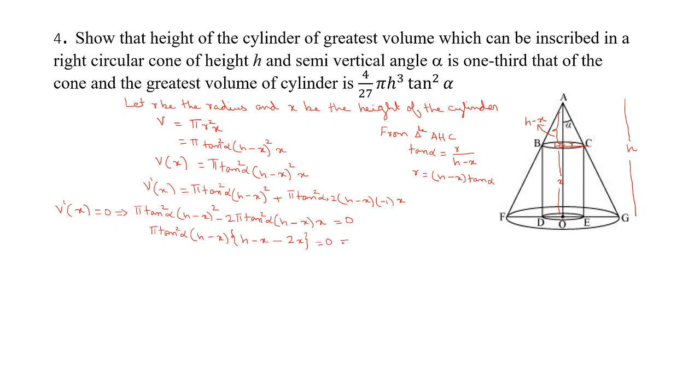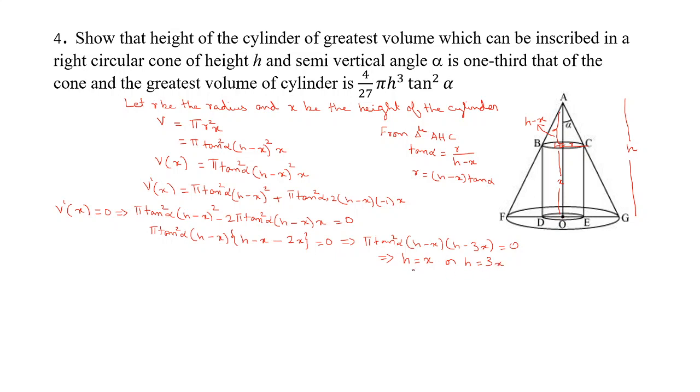So that implies pi tan square alpha h minus x into h minus 3x equal to 0. This implies h equals x or h equals 3x.